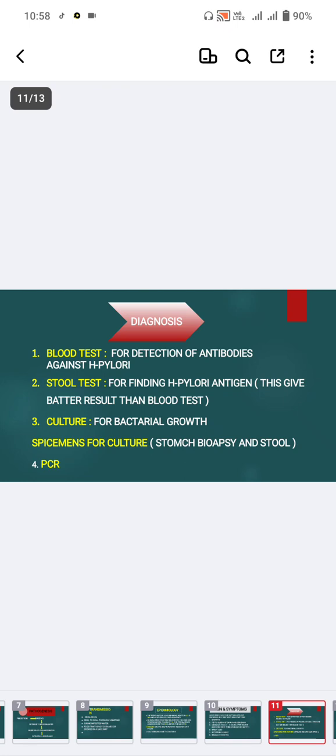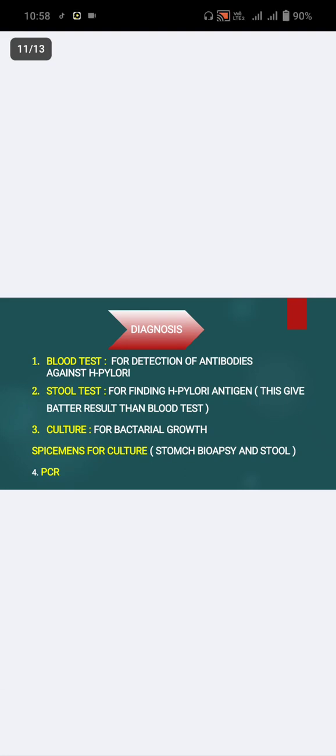Specimen for culture: stomach biopsy and stool. एंड इसके लिए हमें जो सैंपल या स्पेसिमेन चाहिए होगा तो हम वो स्टमक से लेंगे या हमारे स्टूल से लेंगे. The fourth one is PCR, which is a modern technique, and it can also be used for the diagnosis of H. pylori.